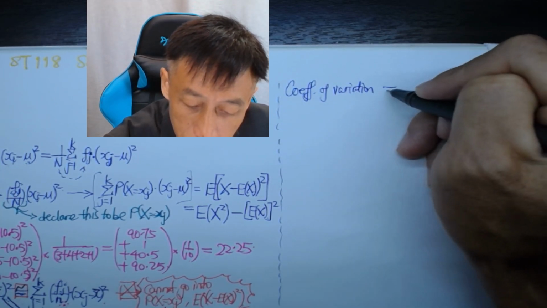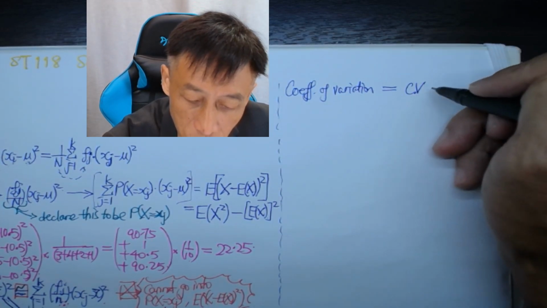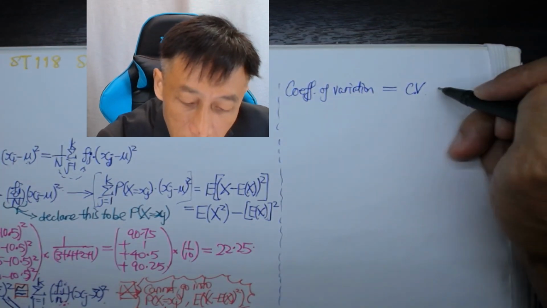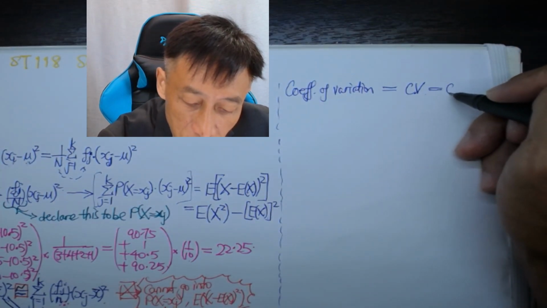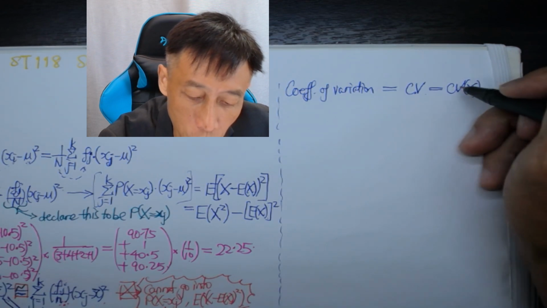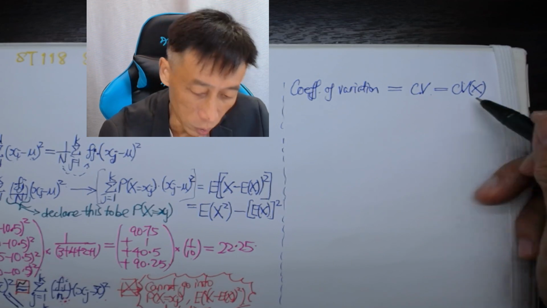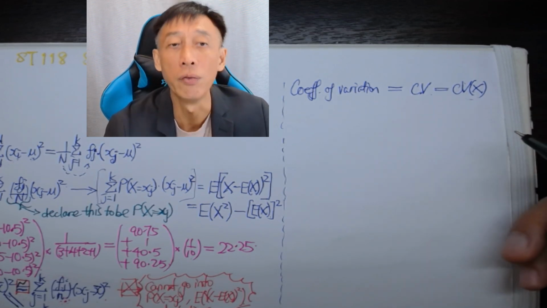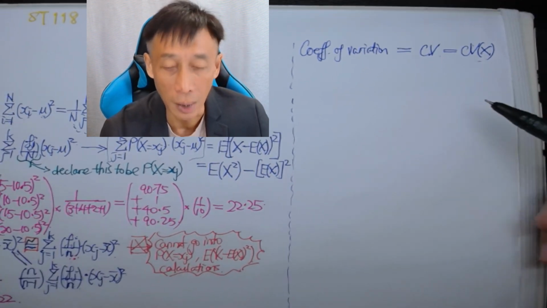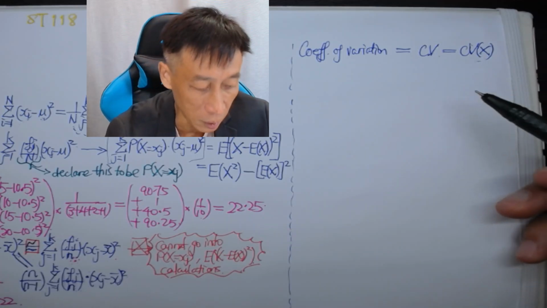In short, we typically just say CV. Sometimes we do say CV of which data, right? So CV for X, CV for Y. They are basically equivalent. So if you're just talking about one data set, then it's just CV. It's clear that it's the CV for that data.